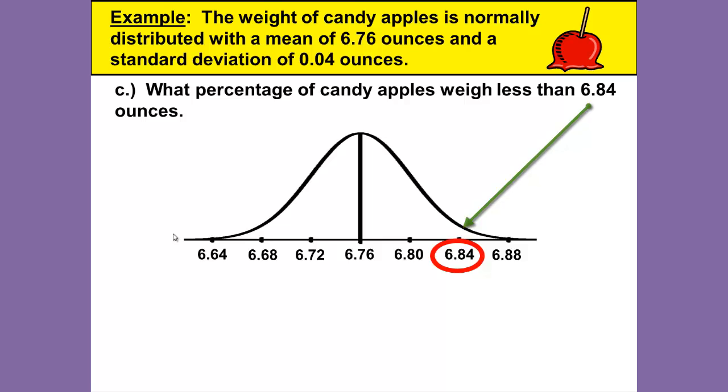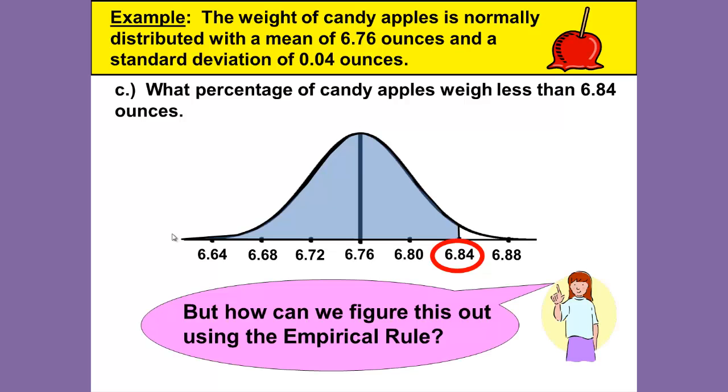There's 6.84, and let's shade below that mark. But how can we figure this out using the empirical rule? Below 6.84 is not between any two sets of standard deviations, so we cannot use the empirical rule directly.